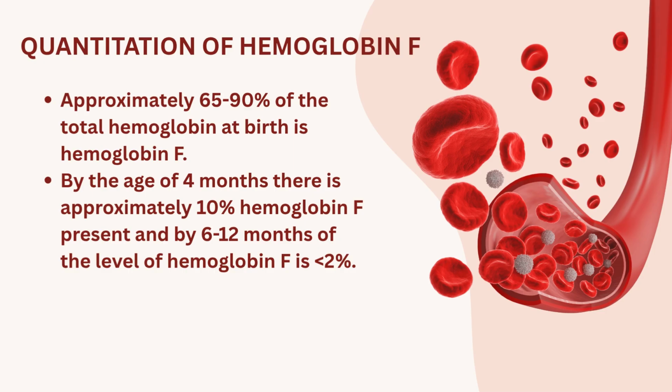Now let's go to quantitation of hemoglobin F. Approximately 65 to 90% of the total hemoglobin at birth is hemoglobin F. By the age of 4 months, there is approximately 10% hemoglobin F present, and by 6 to 12 months the level of hemoglobin F is less than 2%.